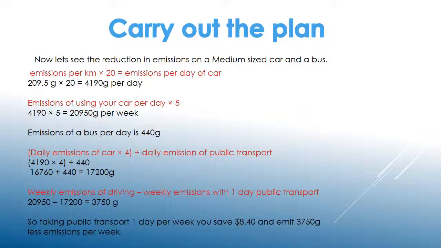So if we do our days times 4 plus 440, we get 16,760 plus 440 equals 17,200. So our weekly emissions of driving minus our weekly emissions of taking public transport 1 day a week is a saving of 3,750 grams. So we're going to have more money in our pocket of $8.40 a week, and our environment is going to be a lot better off.